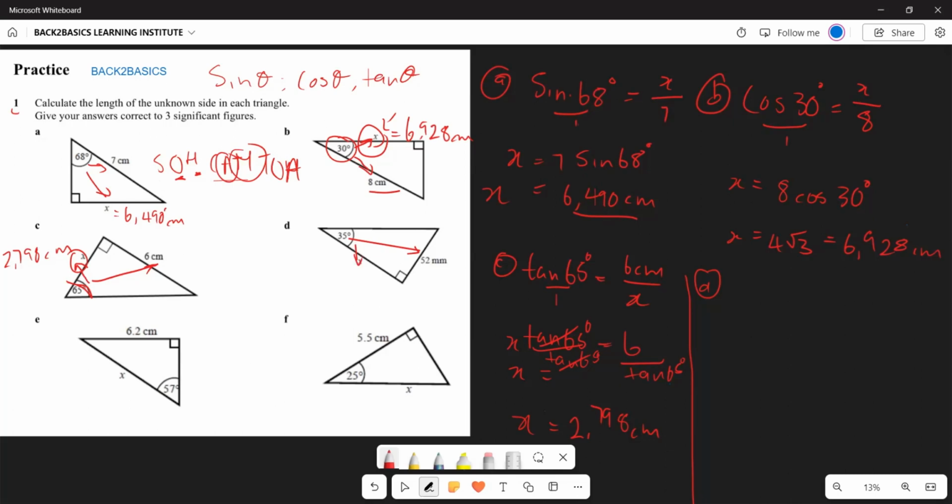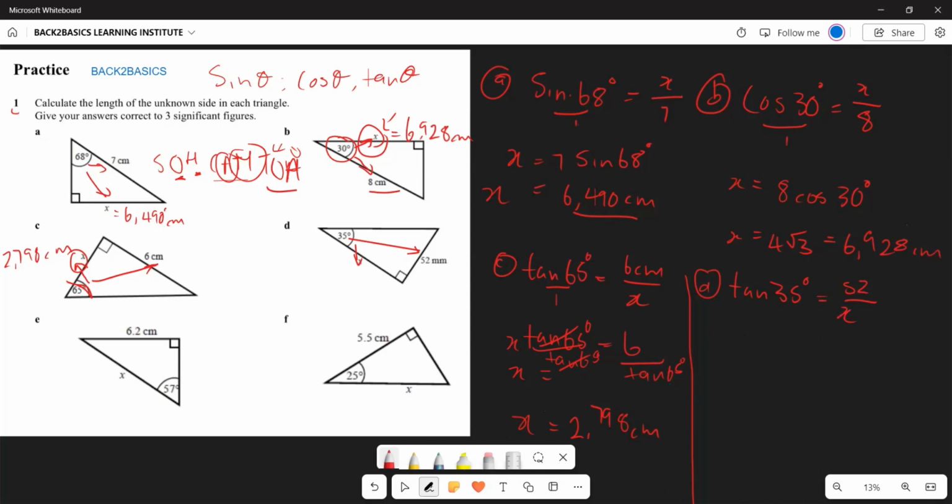So for you to find your x, you are going to use the ratio of tan, because tan is the one that gives you opposite and adjacent side, right? So this is going to be your tan of 35 degrees, which is going to be, remember it's TOA, which is opposite, 52 millimeters over your x.